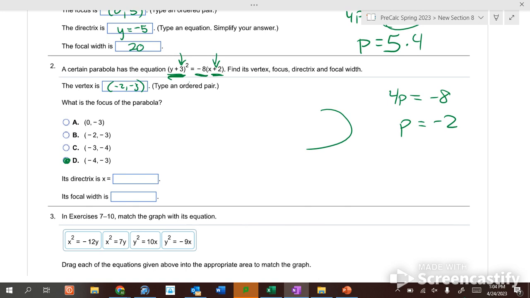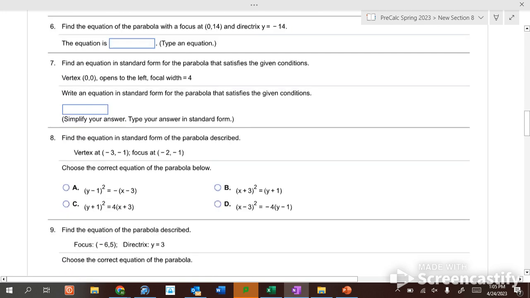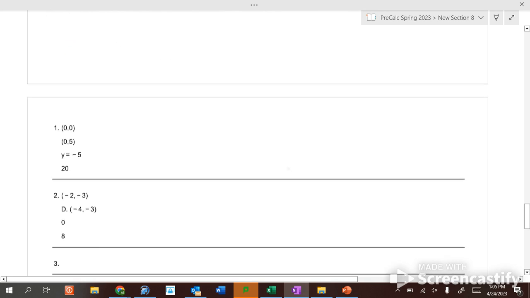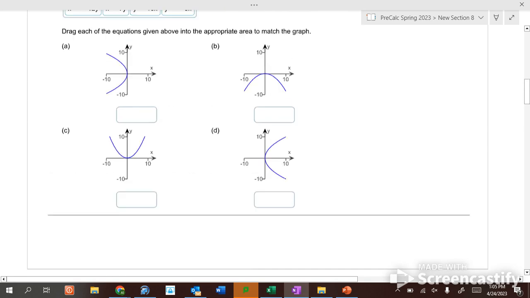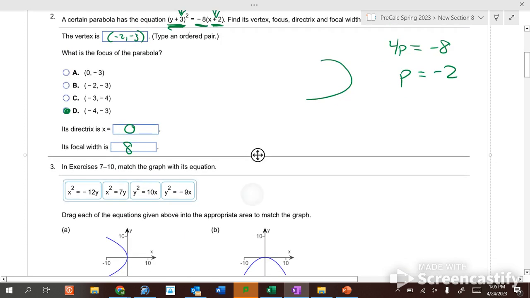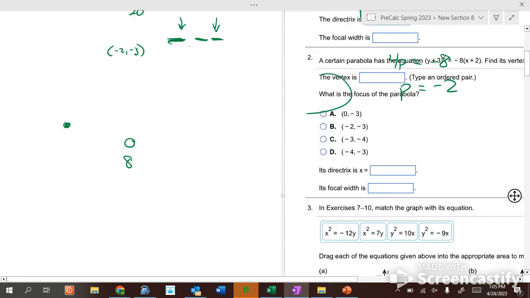So the directrix line is 2 to the right of this, which is x equals 0. My focal width must be 8 or -8. What do they want there? Focal width is 8. So it's a positive number because it's a distance.